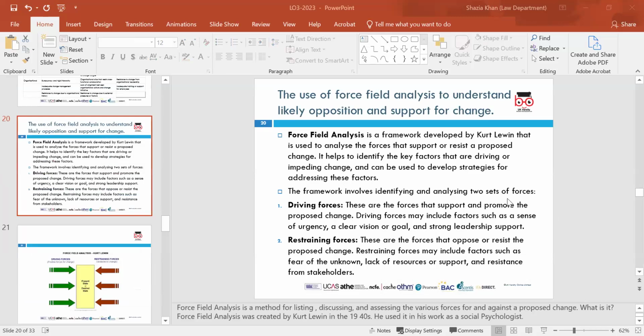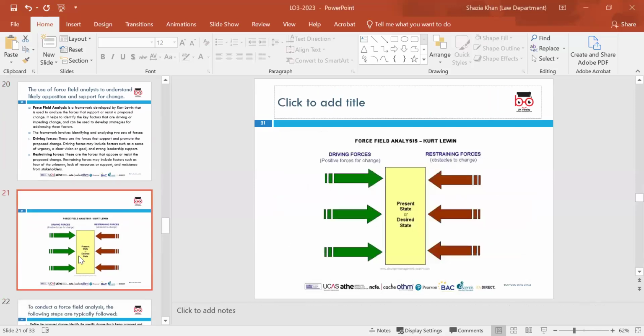So for the forces, there's two sets: driving forces and restraining factors. Driving forces are forces that support and propose change, as we mentioned. And then restraining factors are things that oppose or resist the proposed change, so restraining it.